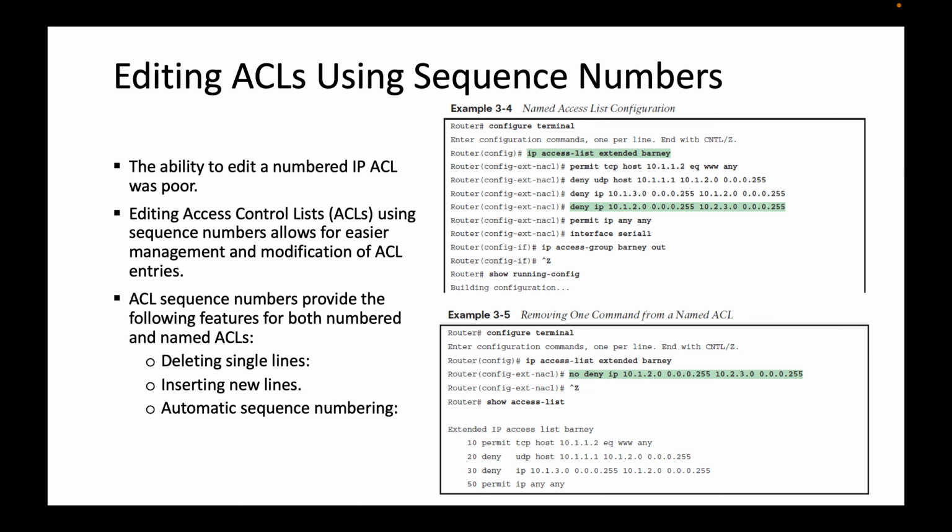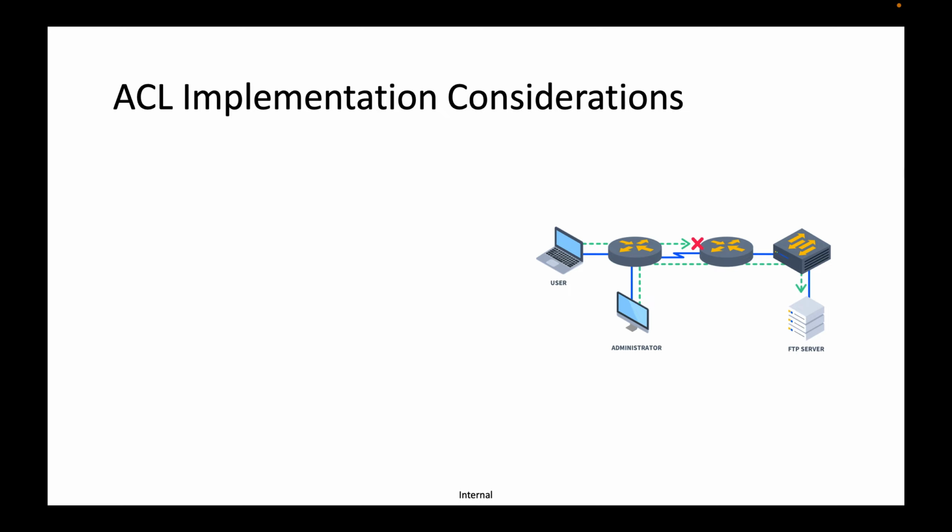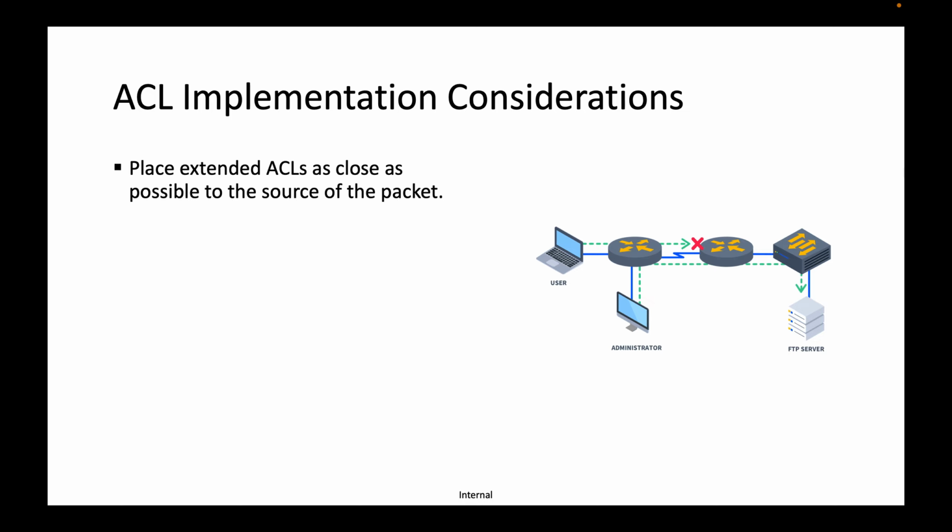So at the end, let's see ACL implementation and considerations. First is regarding extended ACL. You have to place extended ACL as close as possible to the source of the packet. This strategy allows the ACL to discard the packet early.